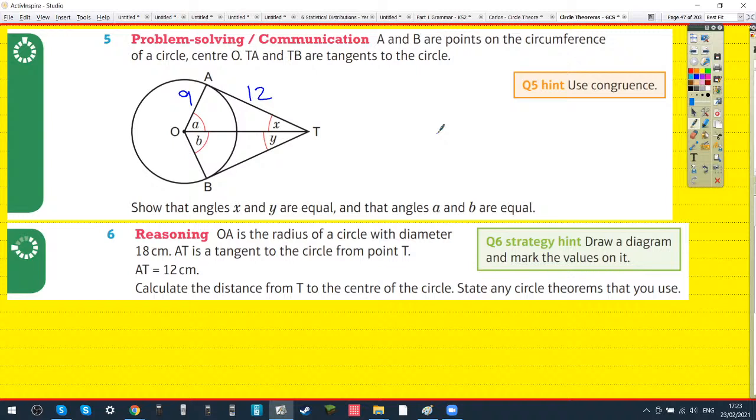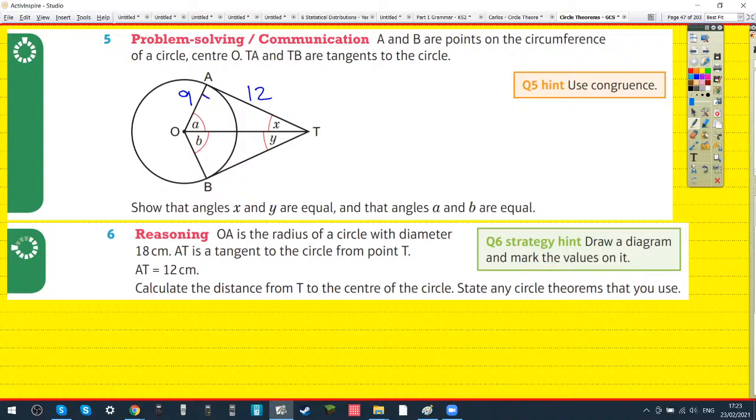We have to get the length of OT. OT, okay. So 9, 12. Does that mean anything you know about the angle A? It's congruent? So that means identical. It has to be identical to something else.